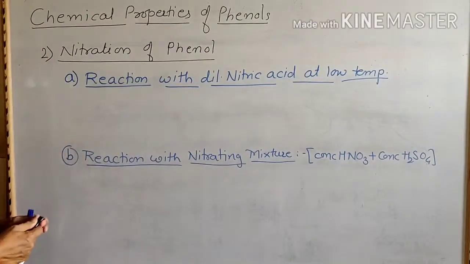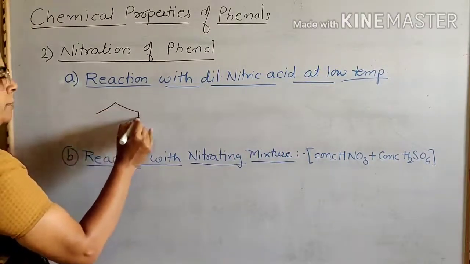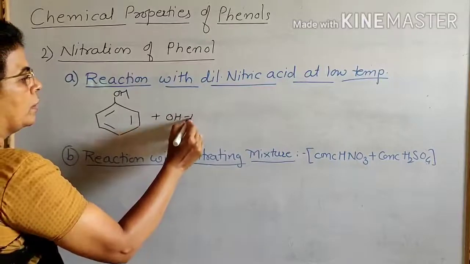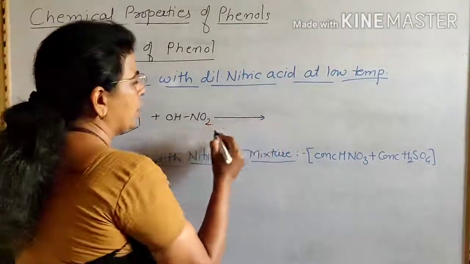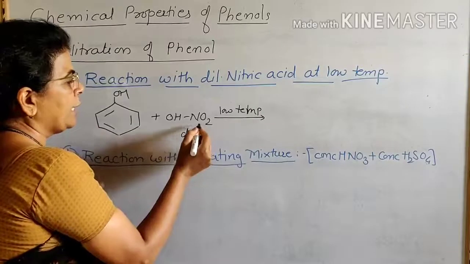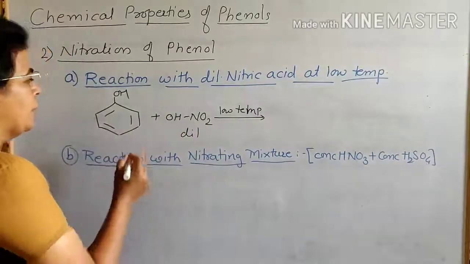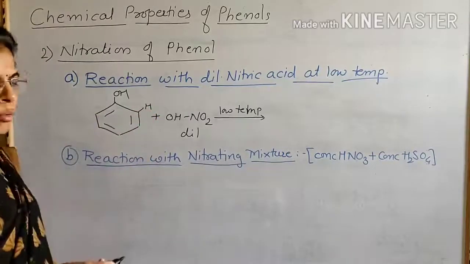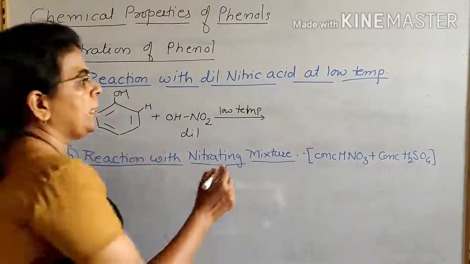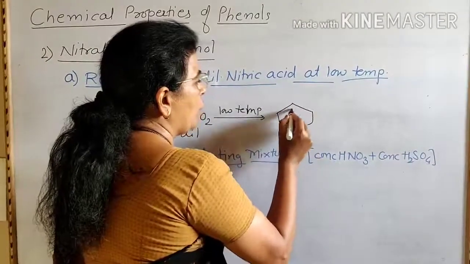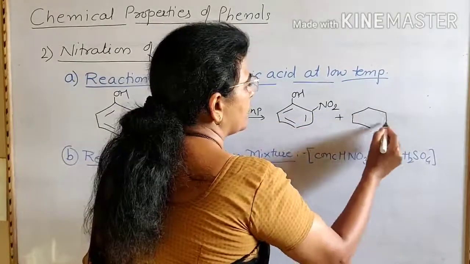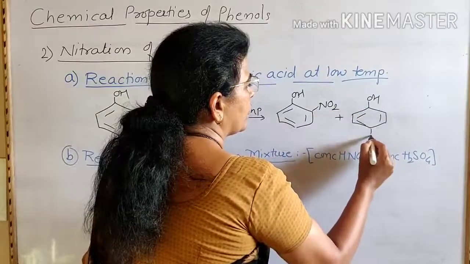Now here when phenol is treated with dilute nitric acid, that is HNO3, at low temperature, the hydrogen atom from ortho or from para position is replaced by NO2 group, and we will get a mixture of two products, that is orthonitrophenol and para-nitrophenol, plus H2O.